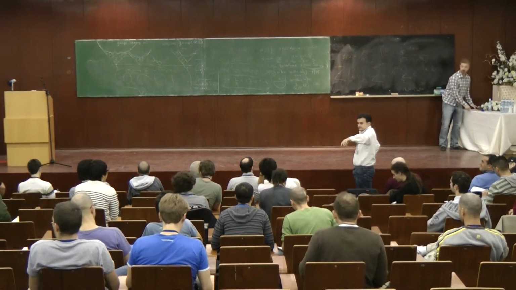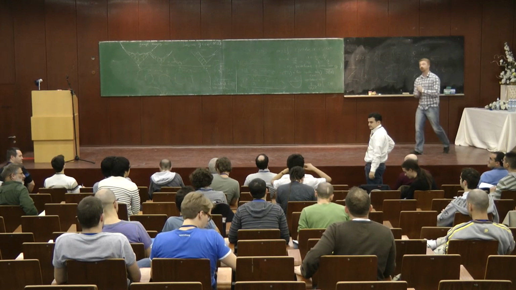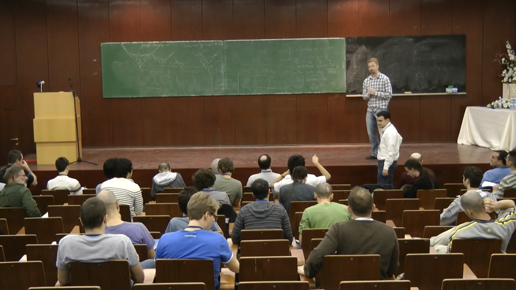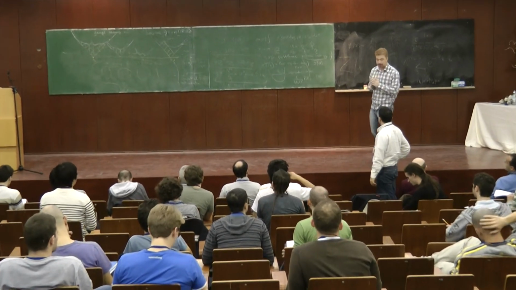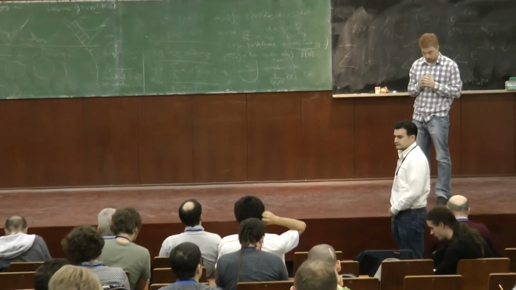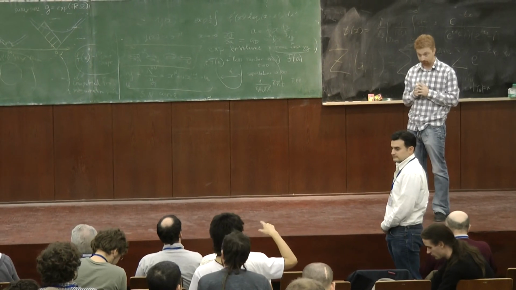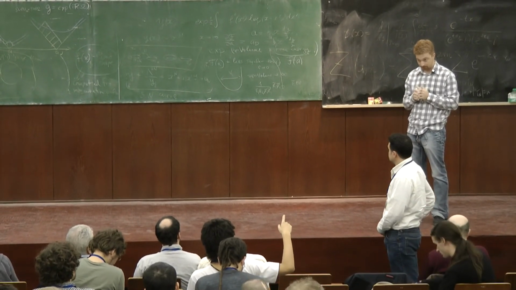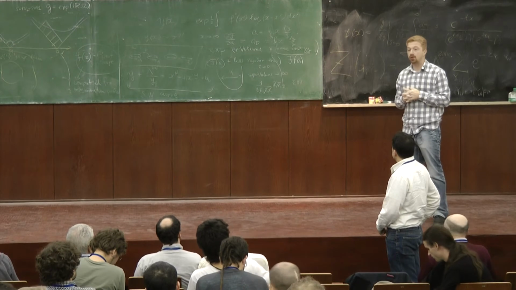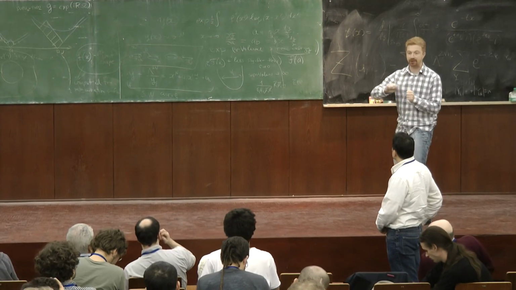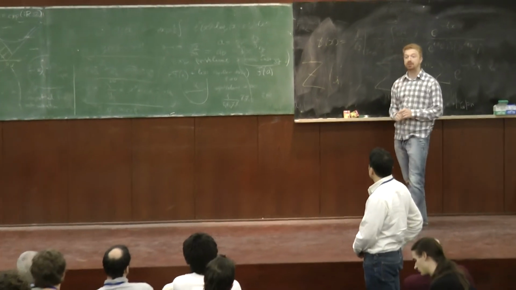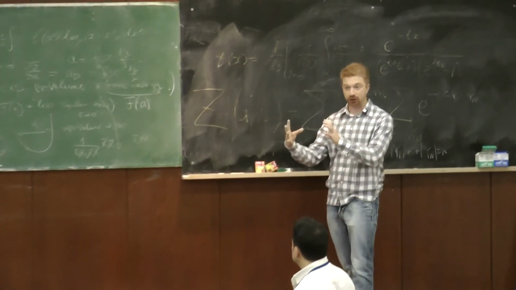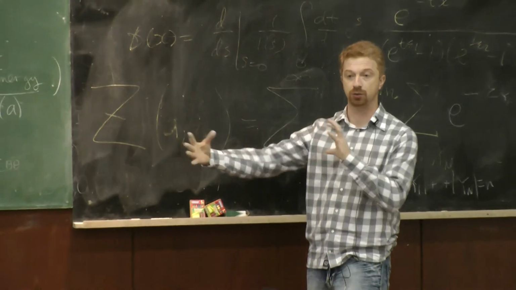Could you maybe clarify at this moment about localization that we can add to the action some Q-exact terms? Yes. But how exactly in this case do we add something? Well, so here I vary a parameter, a bar and epsilon bar, and the variation is changing the action by the Q-exact term.